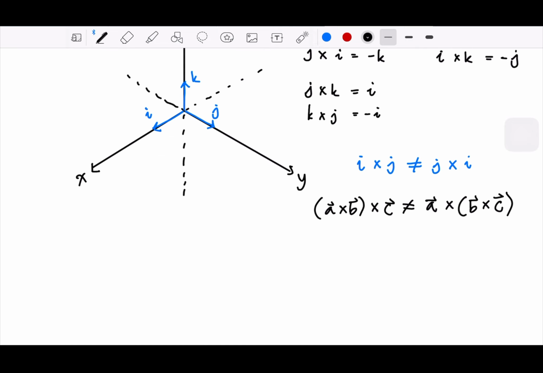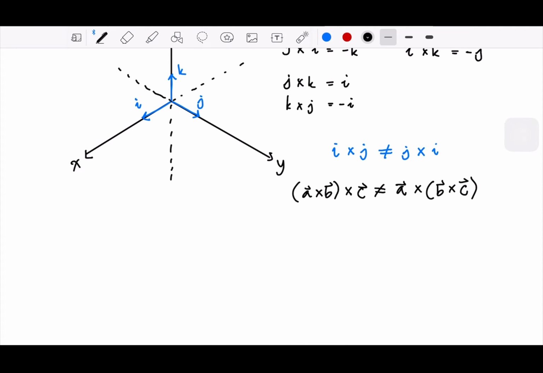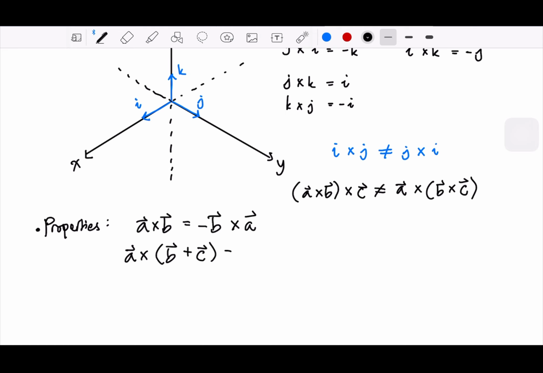So there are some properties that can be applied to the cross product. A cross B is equal to negative B cross A. And if we have A cross (B plus C), we can still distribute the cross.